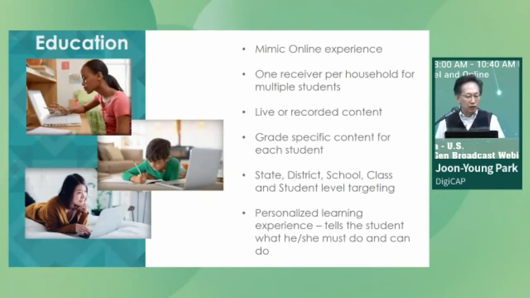In summary, even though by the nature of ATSC it is a one-to-many, unidirectional connection, by pre-positioning the content we are mimicking and simulating an interactive, bi-directional online experience for the kids. Spectral Lab also built a very unique technology to target specific students or specific groups of students, so that we can personalize the learning experience for the kids.